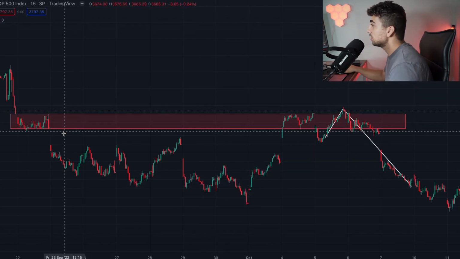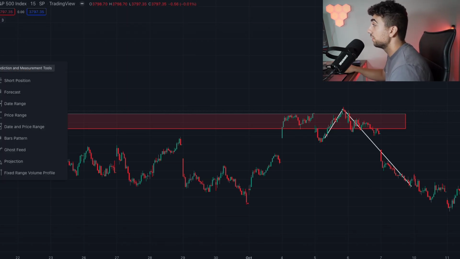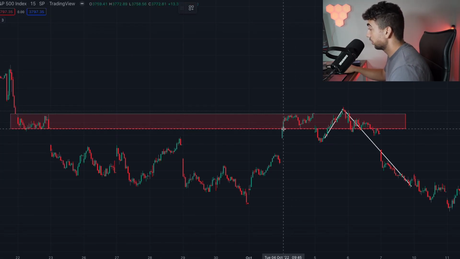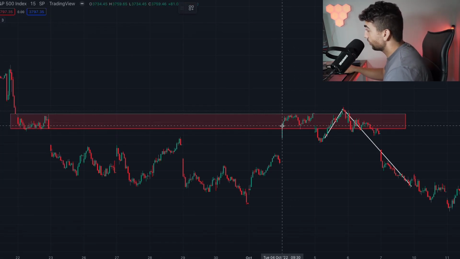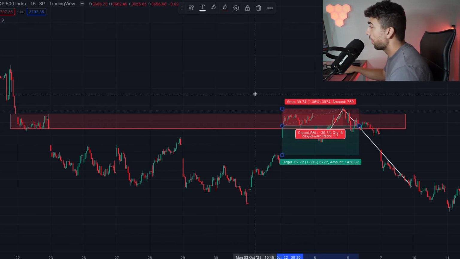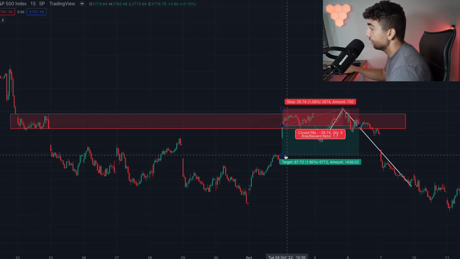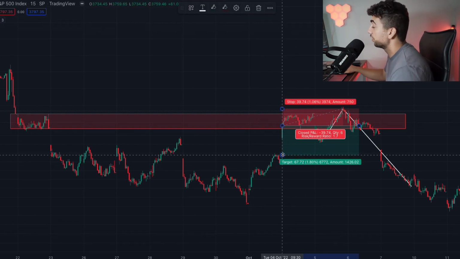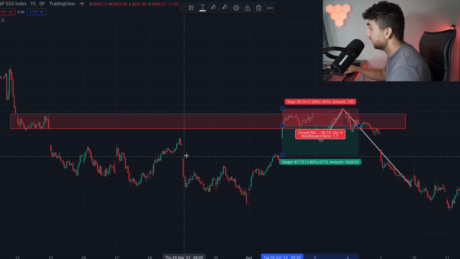So the main reason I like supply and demand zone is because you can have a very defined risk to reward and a very defined position where to put your stop loss. For example, in this example, if you had entered just somewhere in the middle here, you could have had your stop loss above it at about a 1% stop loss, which is a very tight stop loss, to have a potential first profit target at the bottom of this gap right here, where you had some support at 1.8% gain.